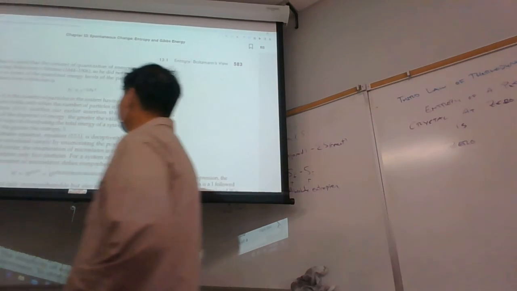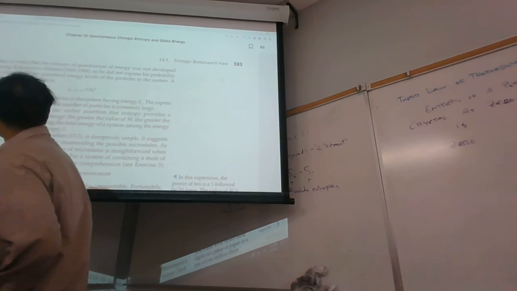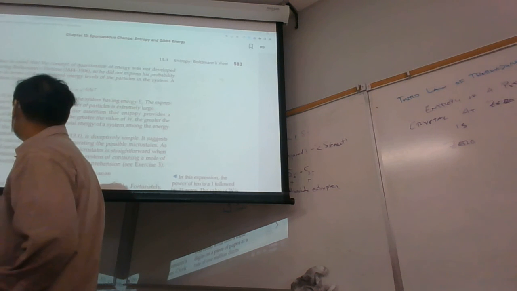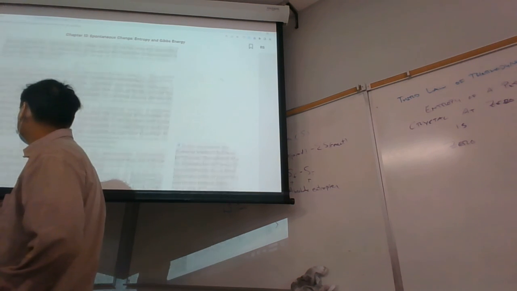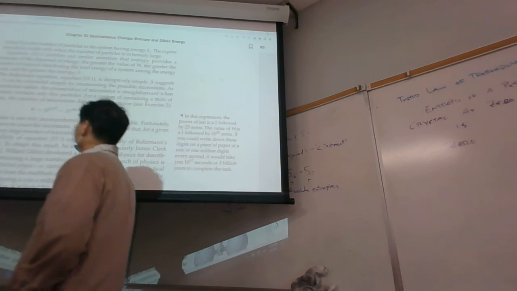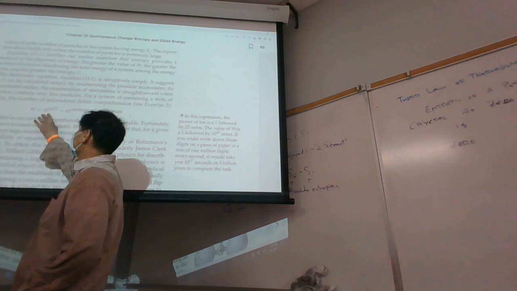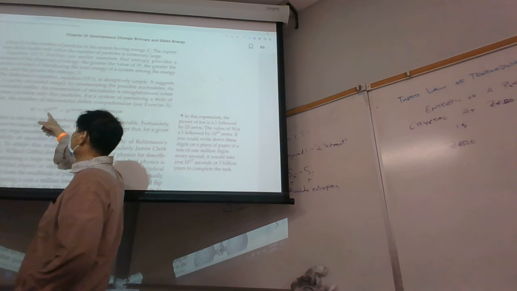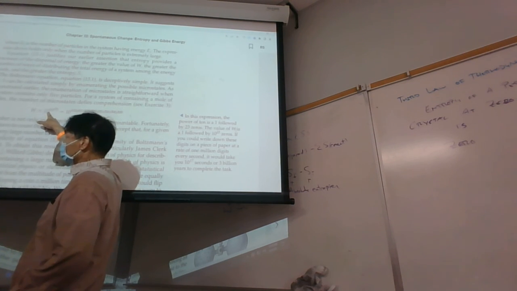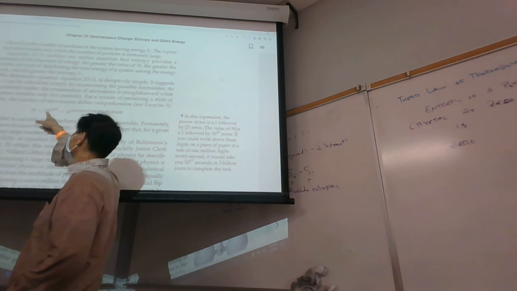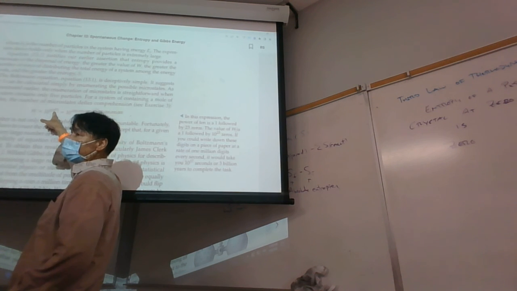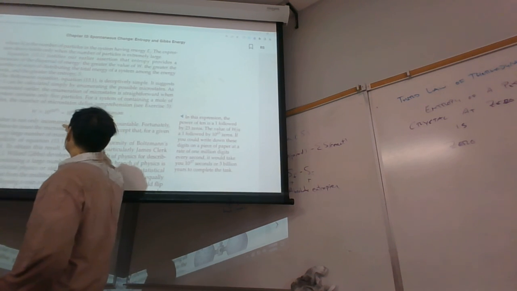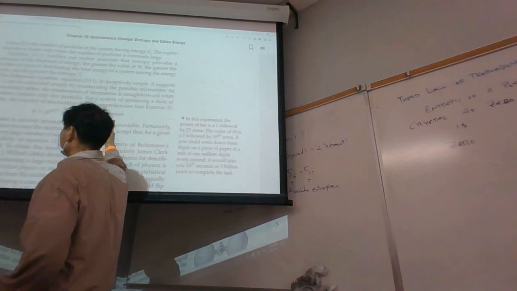So, for example, if we had 10 to the 23rd, like a mole of atoms, then what would that look like? Well, the number of ways of arranging those is much more than 10 to the 23rd. It'd be 10 to the 23rd different ways of arranging that, which would give you some number like this.